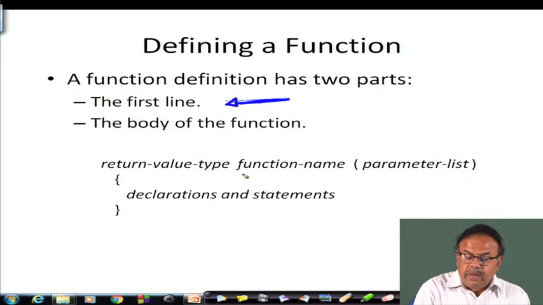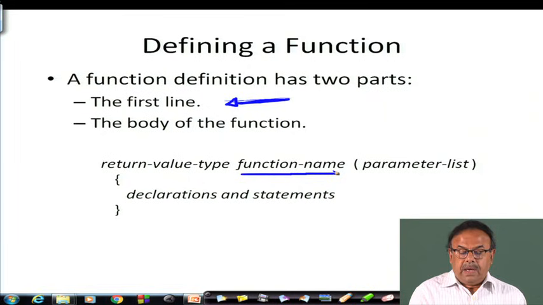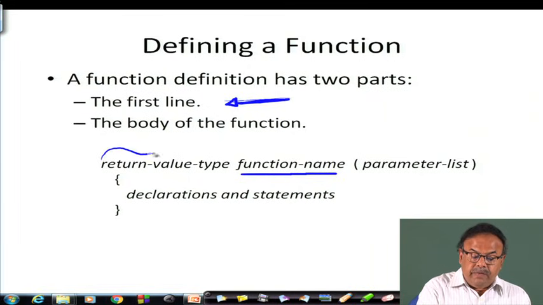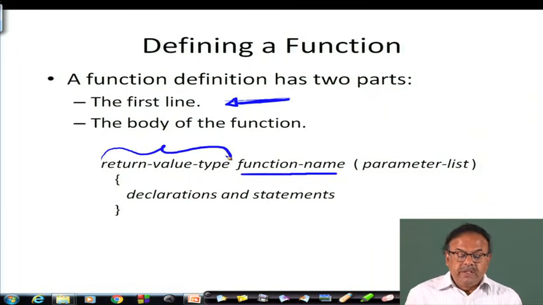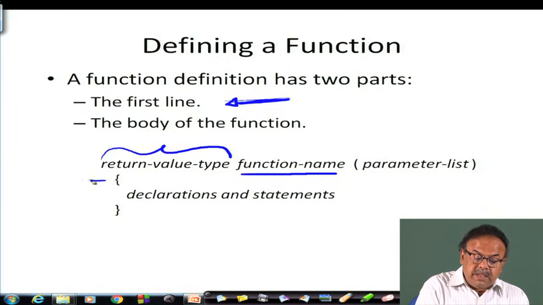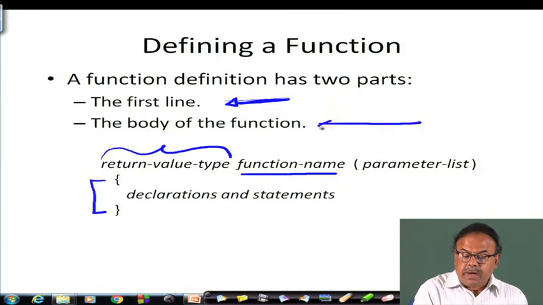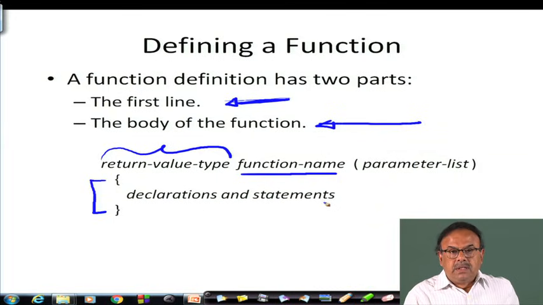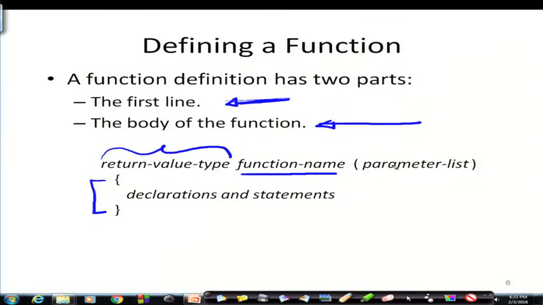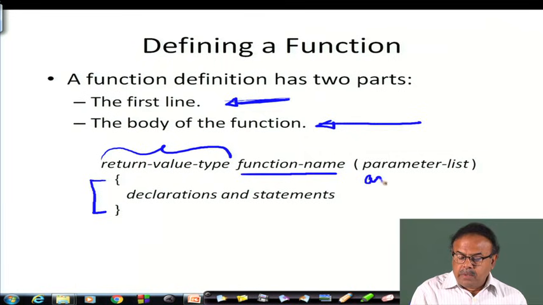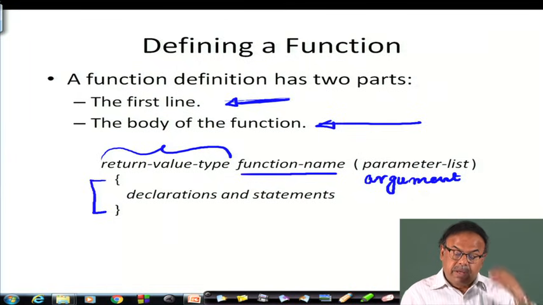The first line will contain the function name and a return value type, what type of value is being returned, followed by the body of the function. The second part is the body of the function, where there are declarations and statements. Internal variables can be declared here, and the other statements are also here. This one I am calling arguments. Some people also call both of them parameters.